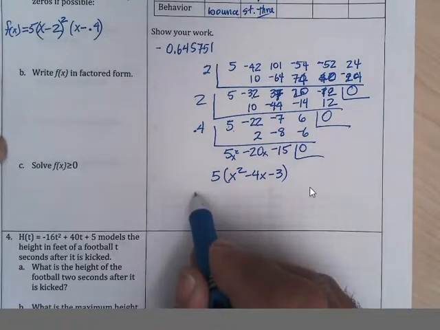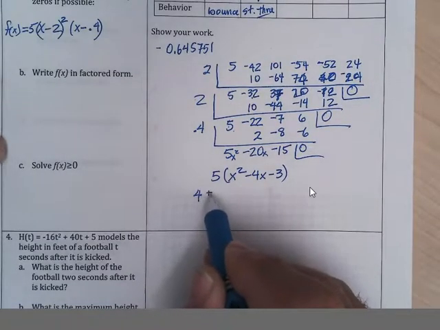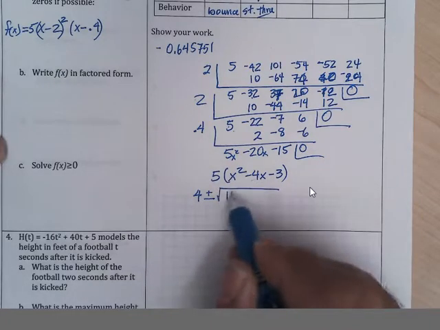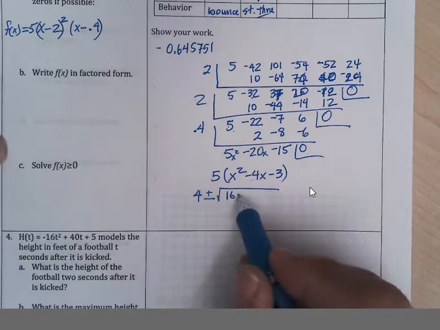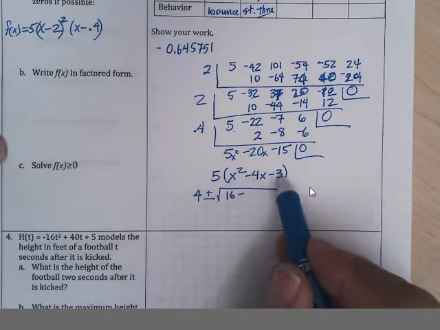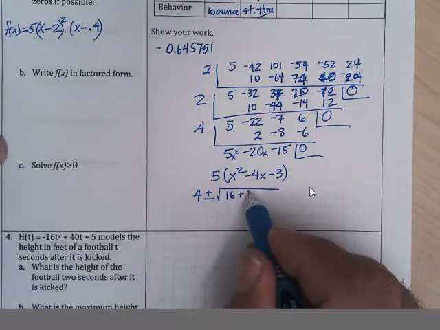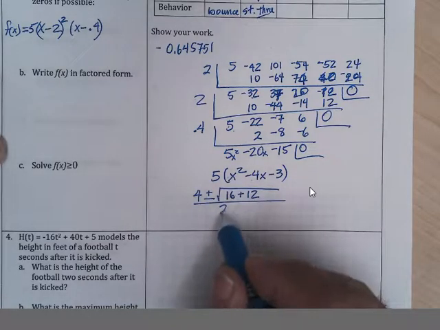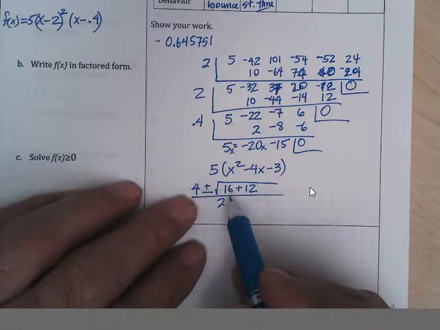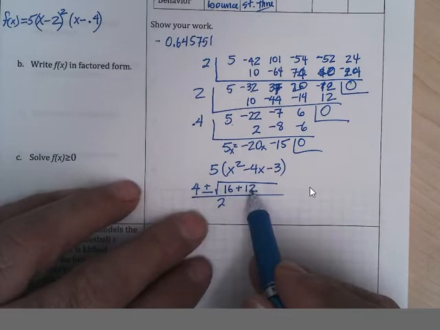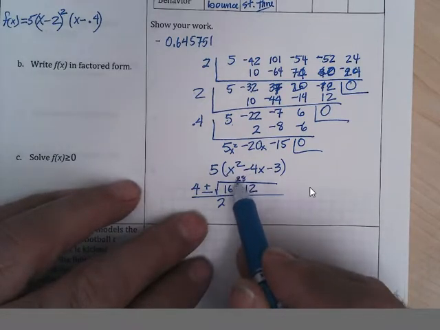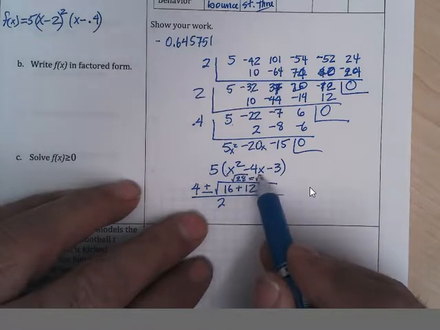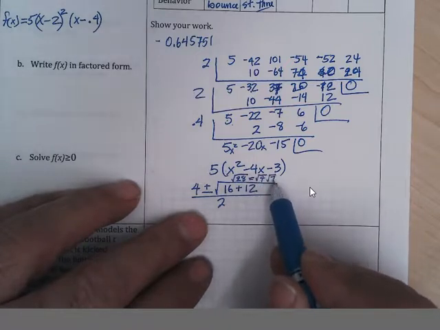The opposite of b plus or minus the square root. B squared is 16 minus 4 times minus 3 is minus 12 times 1 is plus 12, over 2 times 1, which is 2. 16 plus 12 is 28, which is square root of 4 times the square root of 7.